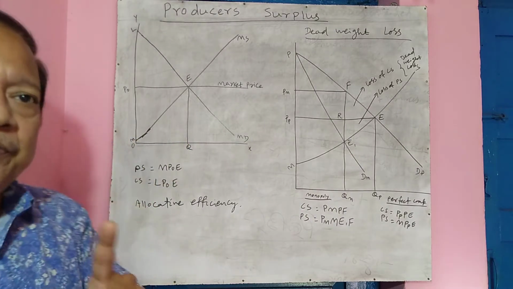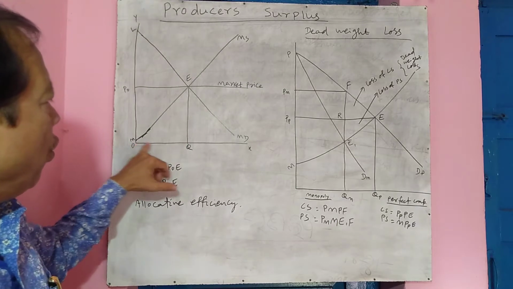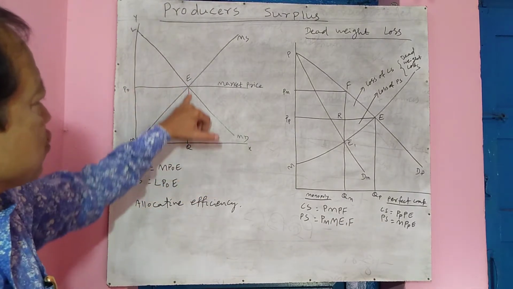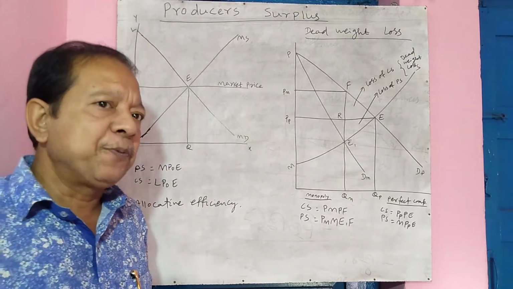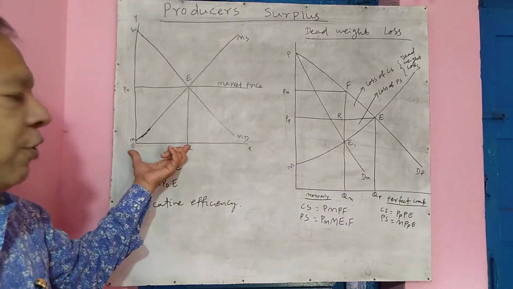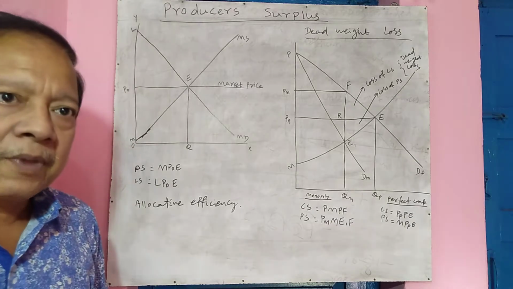Therefore, the total revenue the producer will get is equal to OQEP0. This rectangle is the total amount of revenue which the producer will generate by selling OQ amount of the good at OP0 price.